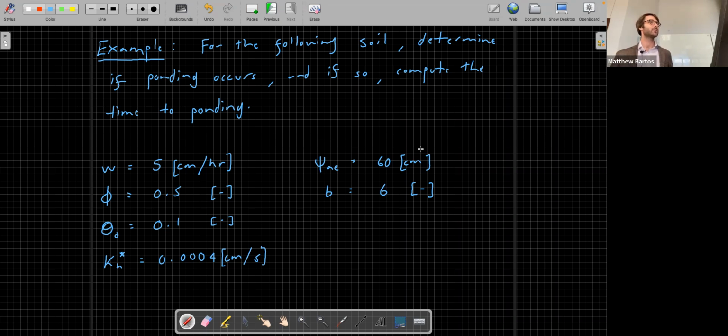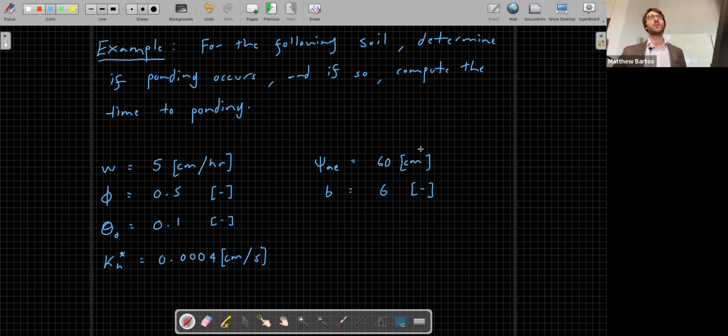Okay, was there a question? Nothing? Okay. Cool. So how do we compute whether or not ponding occurs? Any ideas? Yes. If the infiltration rate is higher than the conductivity, then.